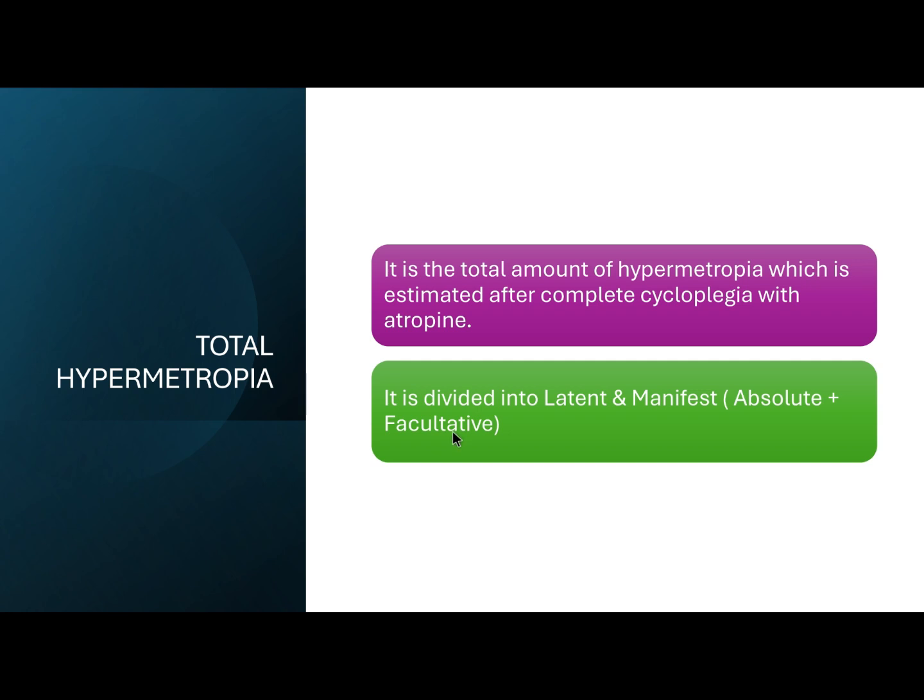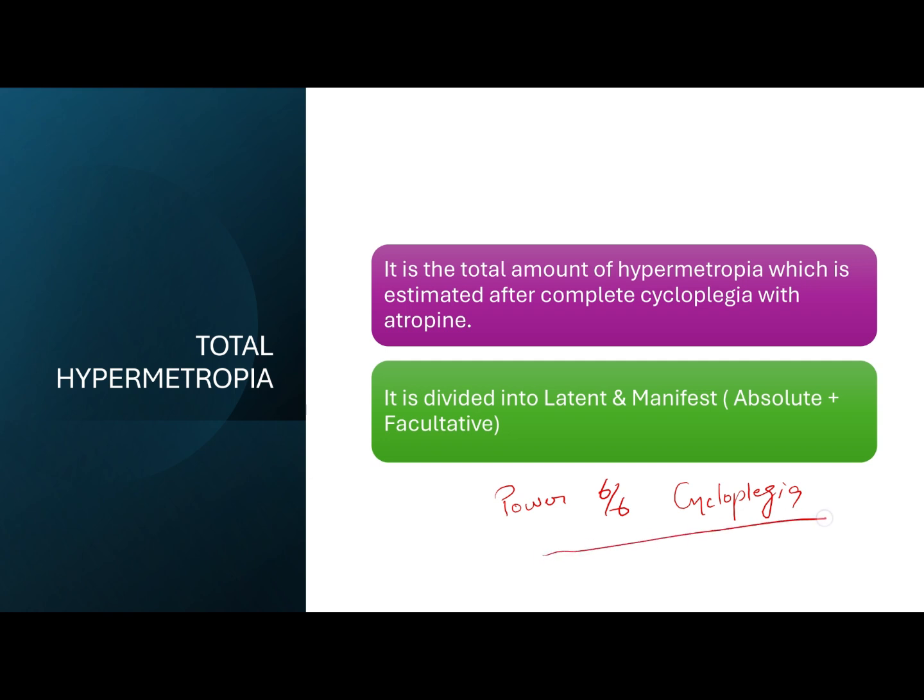So what is total hypermetropia? It is the total amount of hypermetropia which is estimated after complete cycloplegia with atropine. So when a patient comes to us, we give them atropine, completely paralyze the ciliary muscles, and when we do a refraction, we find the power at which the patient reads 6/6 with cycloplegia.